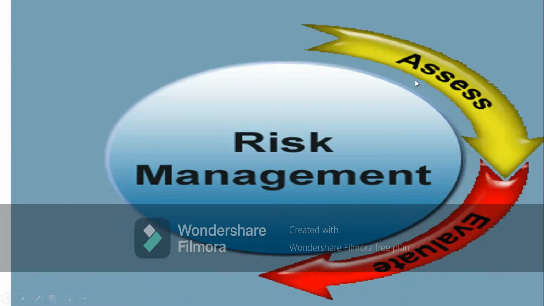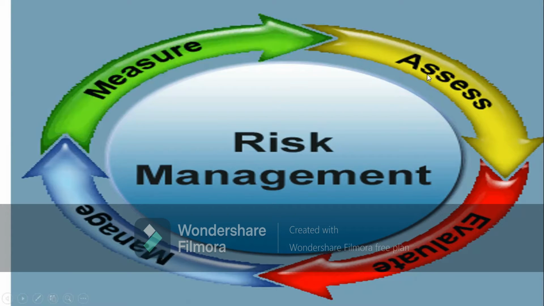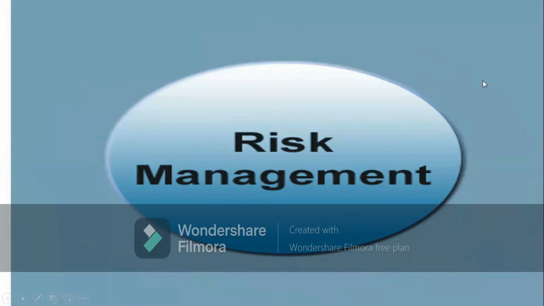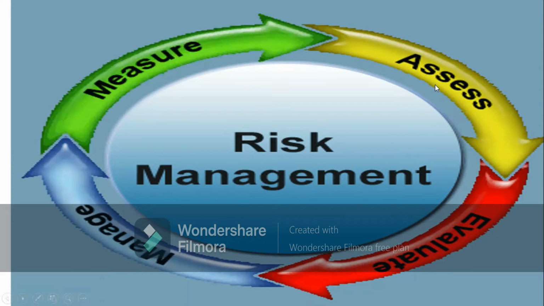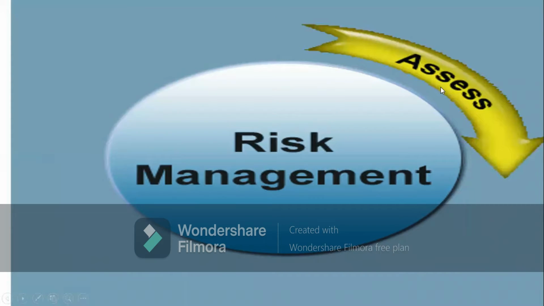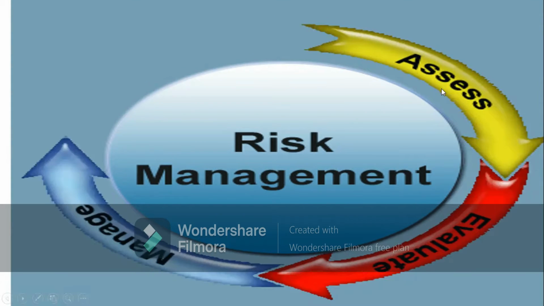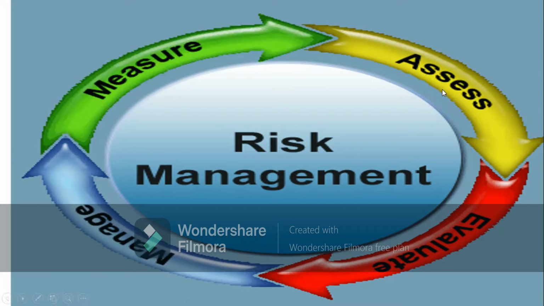So when it comes to assess, the word assess means we need to identify what sort of risks we might be triggered with. For example, there could be business risks, technical risks, financial risks, internal risks inside organizations, right? There could be external, there could be technological, right?